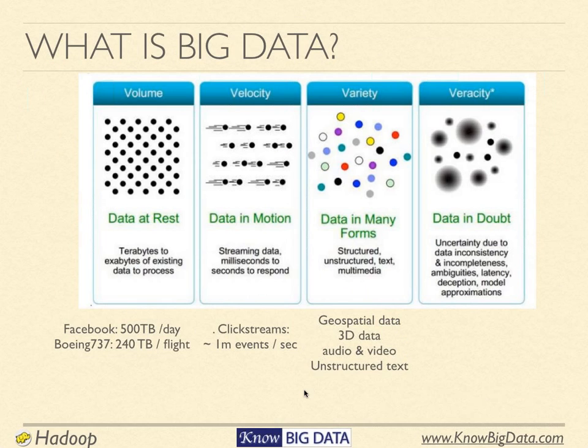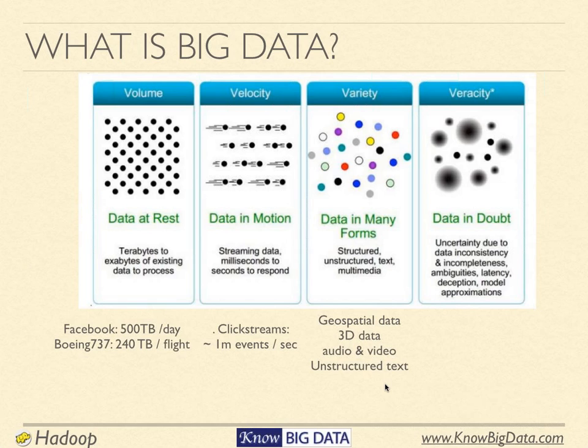Now this is a traditional definition, and this is something which IBM has been writing about. The way they define big data is that there are a few characteristics, and because of these characteristics, your data ends up being such that you cannot use your traditional systems.